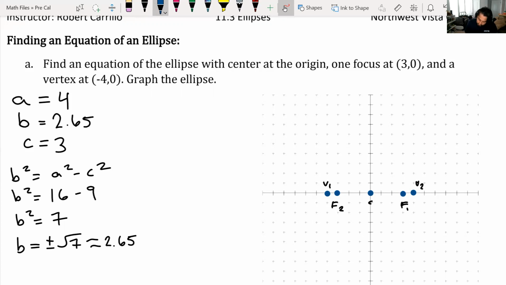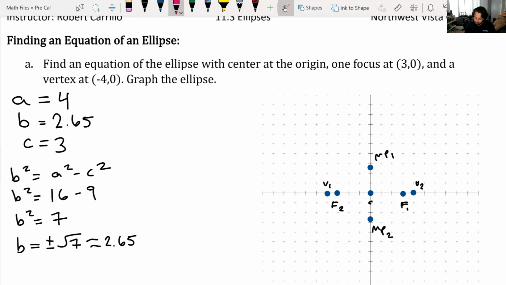So 1, 2, and I'll just put it right below 3. And down 2.65. 1, 2, 3. And this is minor point 1, minor point 2. Okay, which means we can now graph this ellipse.